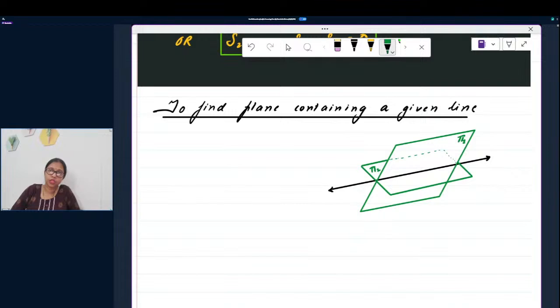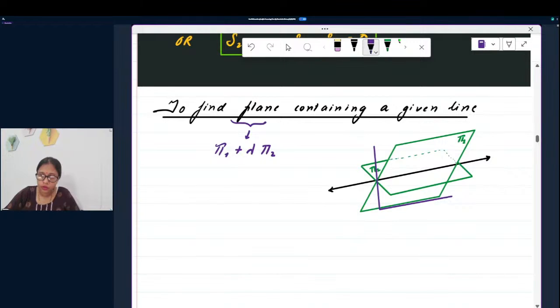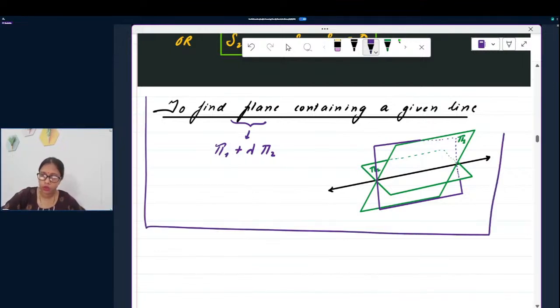So this plane would be pi 1 plus lambda times pi 2, which is actually a different plane. So this is the required plane.